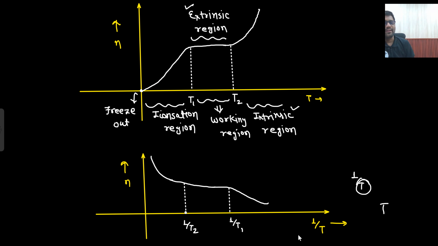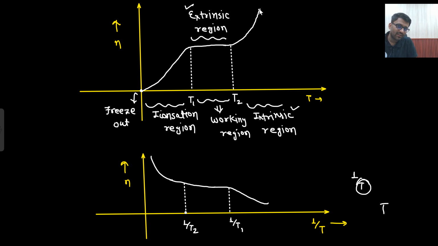I hope you are able to relate this graph, how this graph is happening. If 1 by t is very low, that means t is very high. T is very high, that means a lot of charge carriers are there. Now if 1 by t increases, that means t decreases. If t decreases, that means you are moving here. So this graph was made like this.